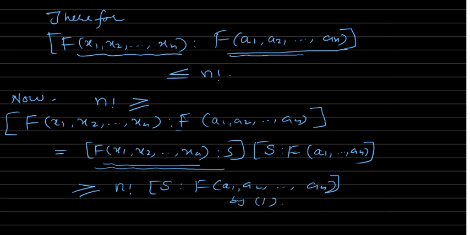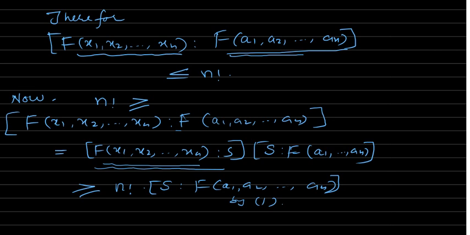So this degree of F(x1, x2, ..., xn) over S is greater than or equal to n factorial. We started with n factorial and got n factorial times this number.